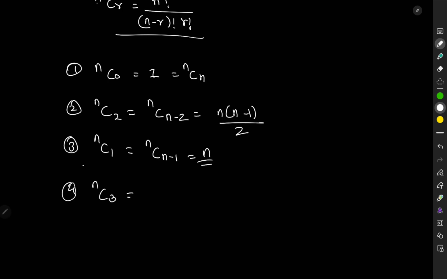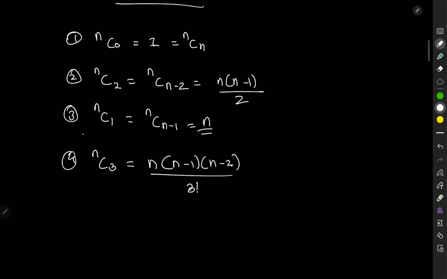What about NC3? It will come like n(n minus 1)(n minus 2) divided by 3 factorial. Fine. So now you can observe a pattern, right?